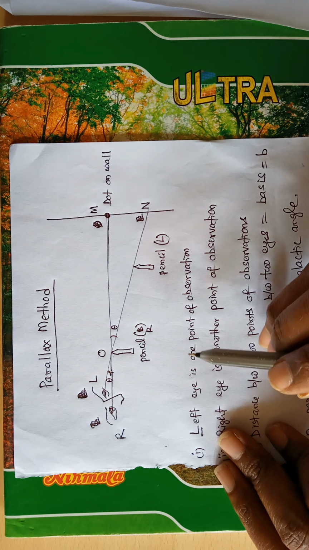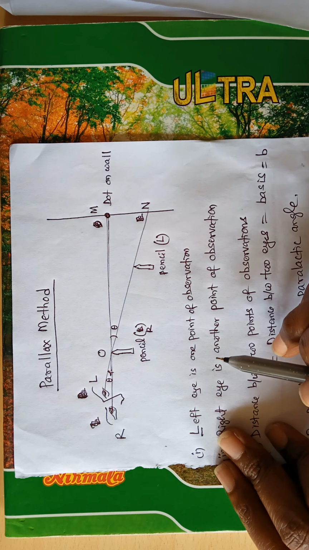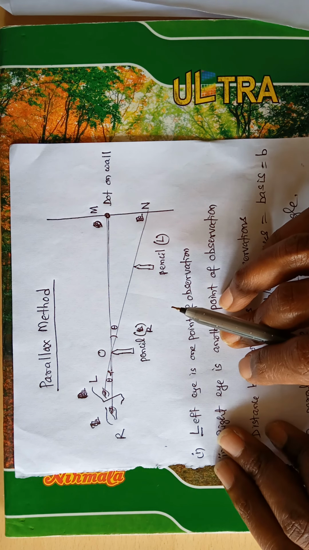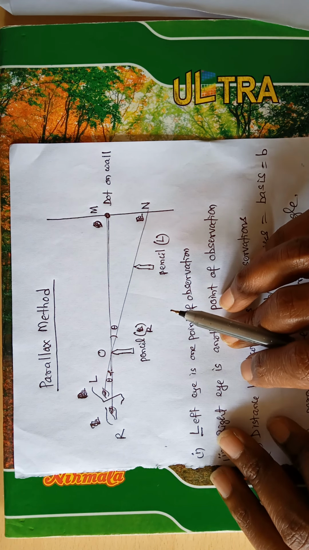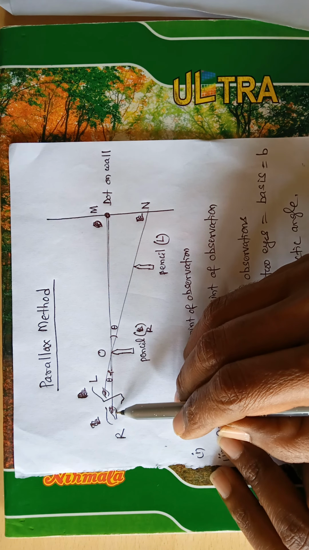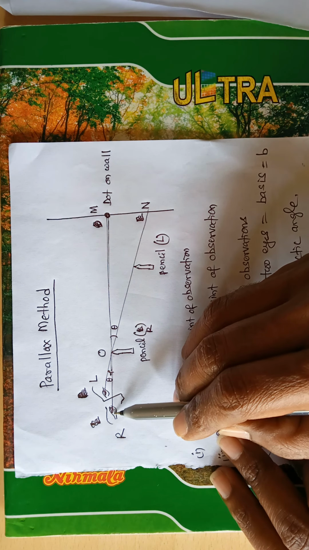So making use of this parallax, we are going to measure very large distances. So this is one point of observation, this is another point of observation, and the distance between the 2 points of observation is known as basis.